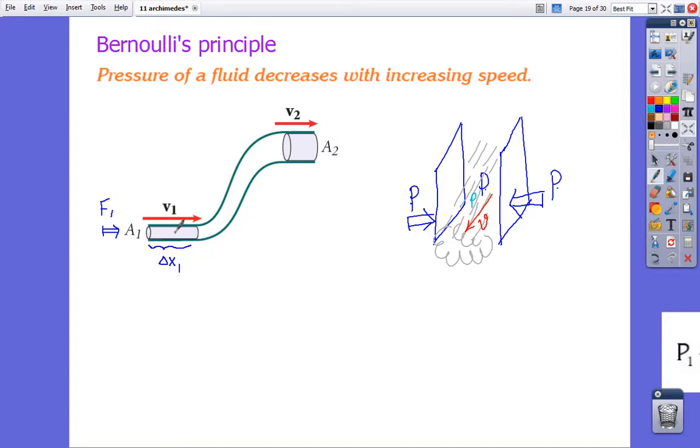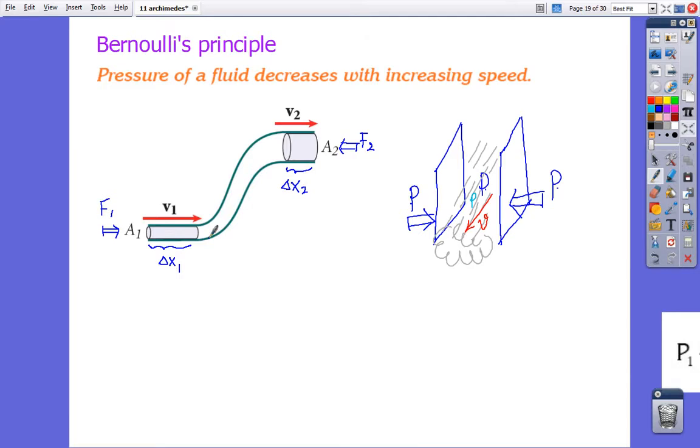So it will create a velocity of v1. Now, at the other end, there will be a natural force pushing back, and it will change its distance from this to this, delta x2.